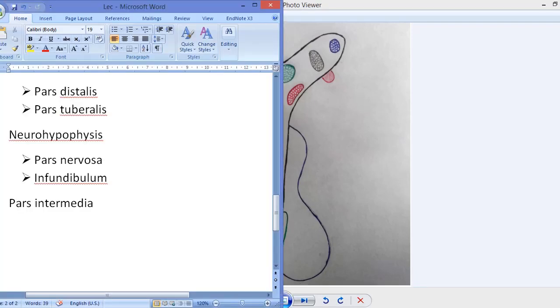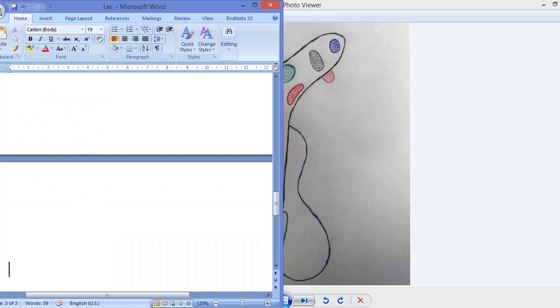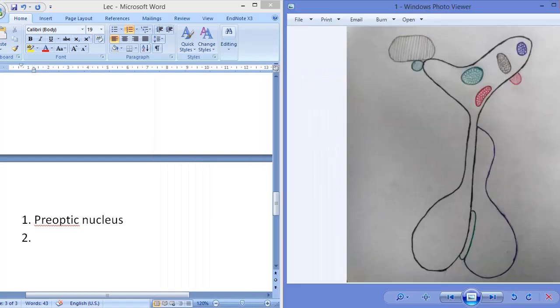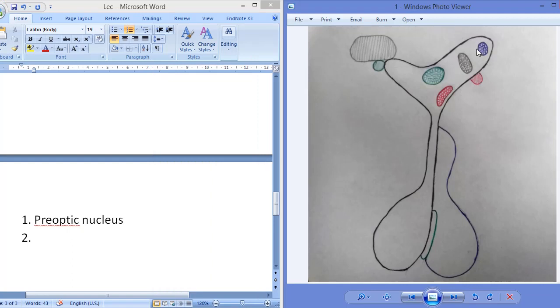I'm going to write their names because these are very important. It is called preoptic nucleus because it is present superiorly and anteriorly to the optic chiasma.